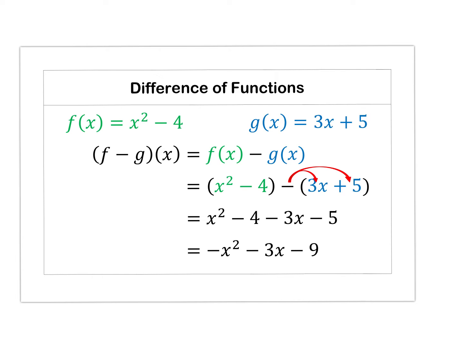When you do subtract, be sure you put your functions in parentheses, because when you subtract g of x, you're subtracting all of the terms. So you're distributing this minus to all of the terms in the function that's being subtracted. All right. And then again, once you combine all the like terms, you end up with negative x squared minus 3x minus 9 for that one.